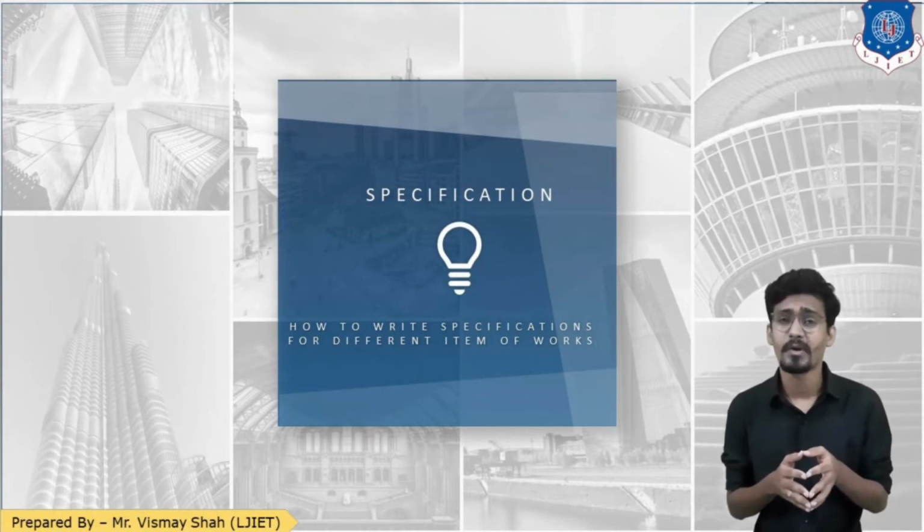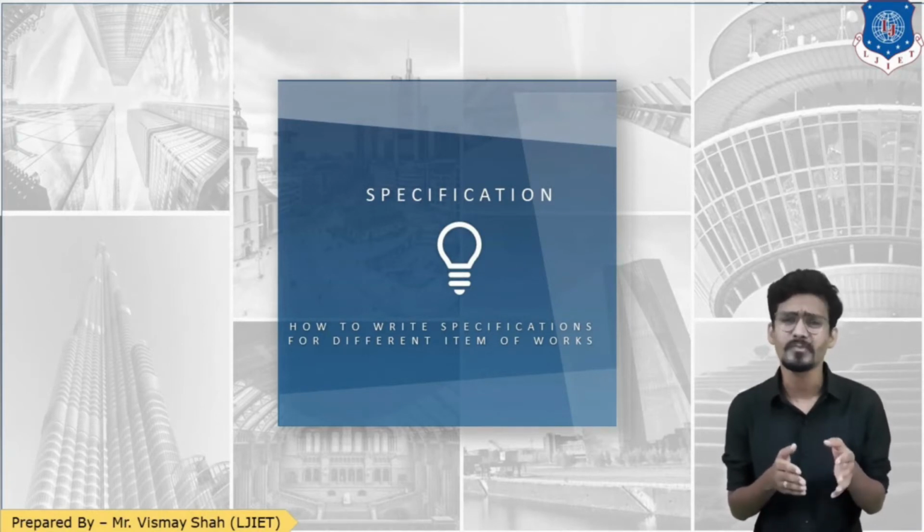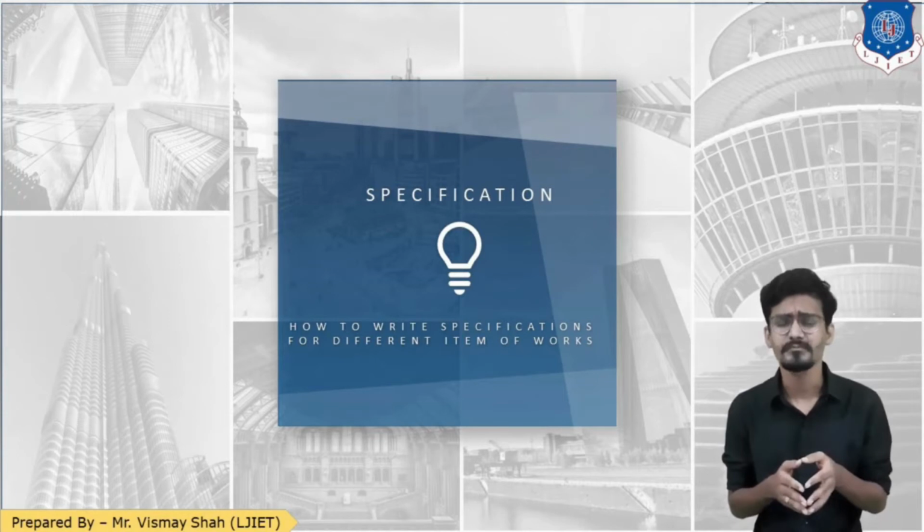Also, one important thing we discussed in the last session was that specification is a legal document. That means in a discrepancy between drawing and specification, the specification will govern, and the client has to accept what is written in the specification.